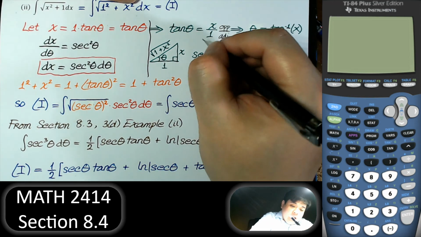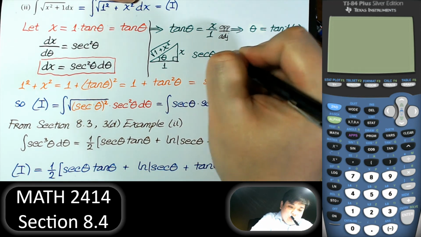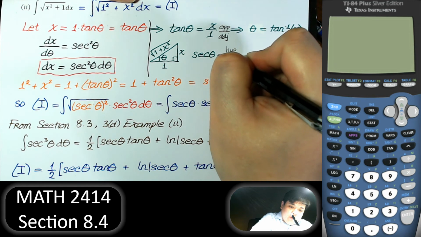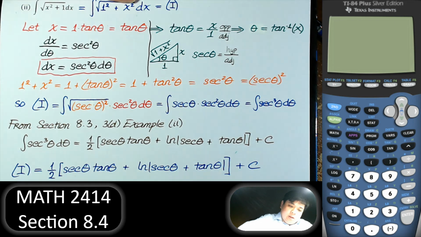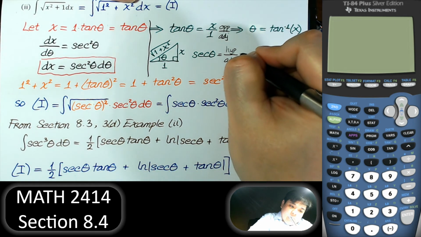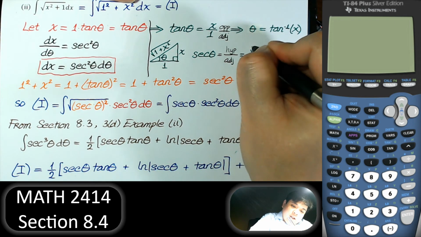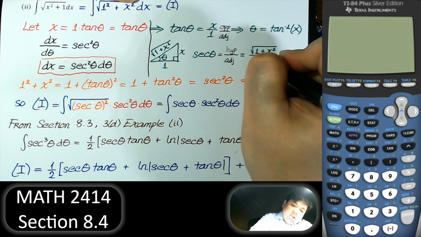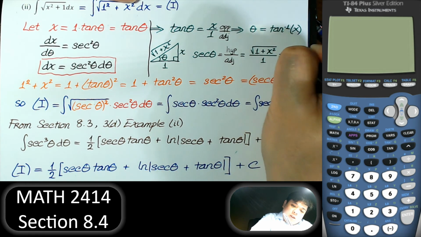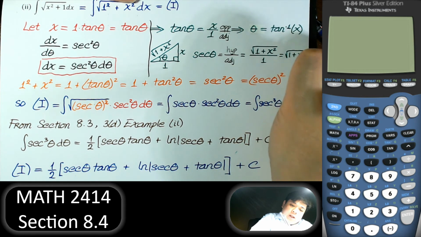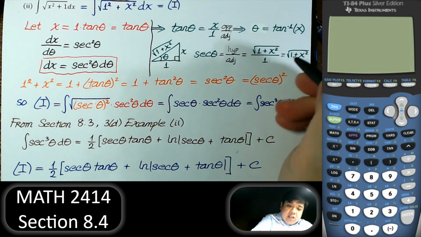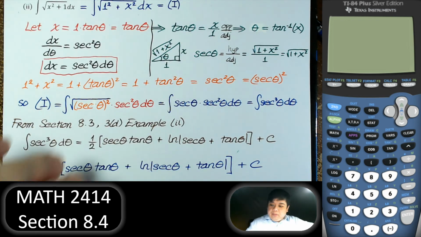Cosine is adjacent over hypotenuse. So secant is hypotenuse over adjacent, or just the square root of 1 plus x squared.